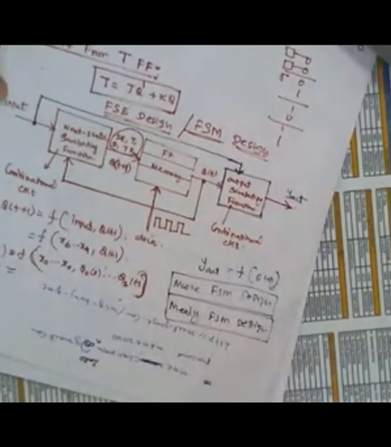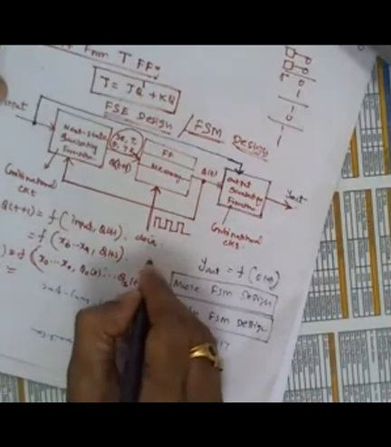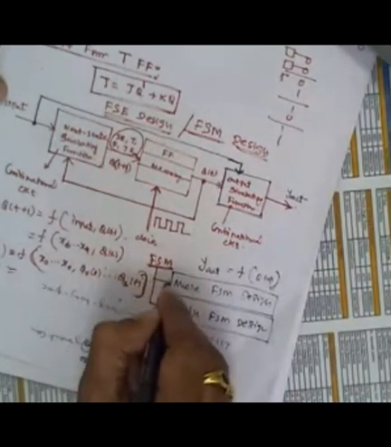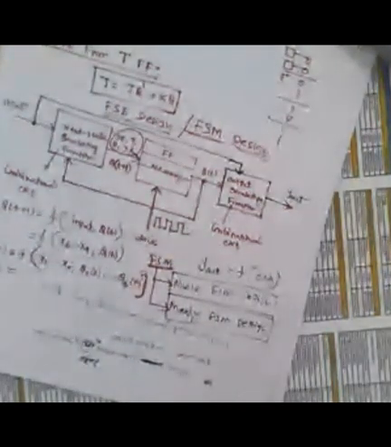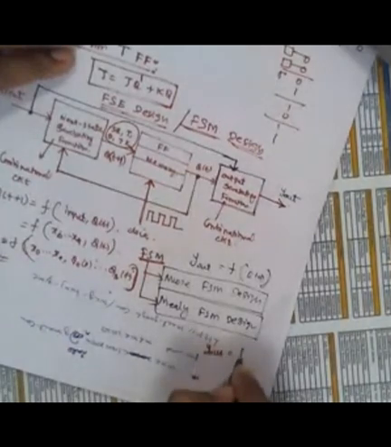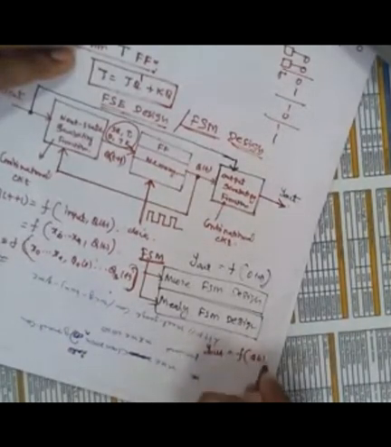So your FSM design can be of two types. One is a Moore FSM, another one is a Mealy FSM. In Mealy FSM, your Y out is some function of present state as well as input.